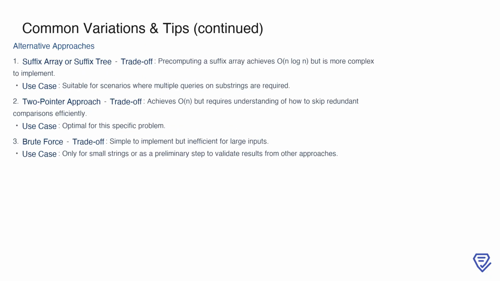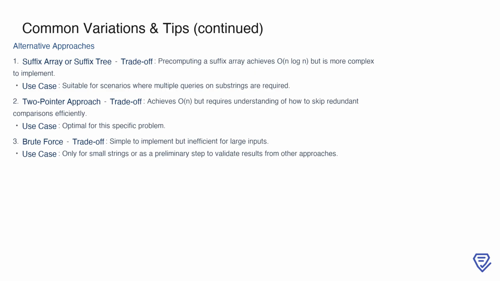Finally, let's consider some alternative approaches to solving this problem. One option is to use a suffix array or suffix tree. These data structures pre-compute suffix information, achieving a time complexity of O(n log n), but they require more effort to implement. This approach is particularly valuable in scenarios where you need to perform multiple queries on substrings.